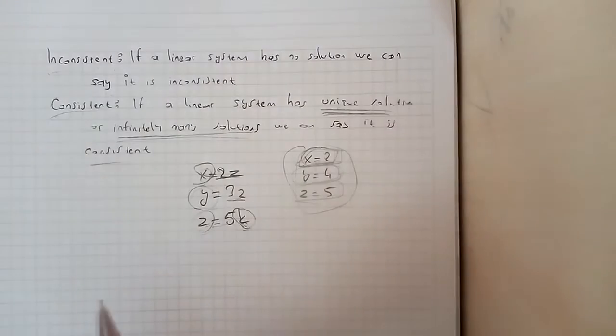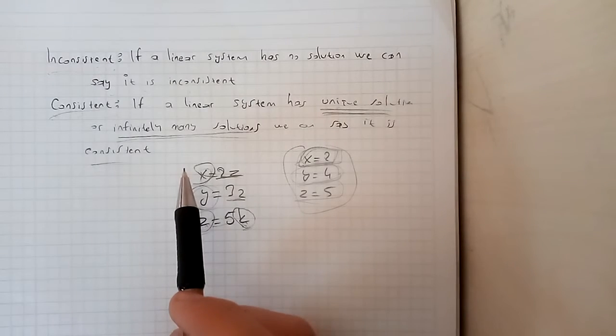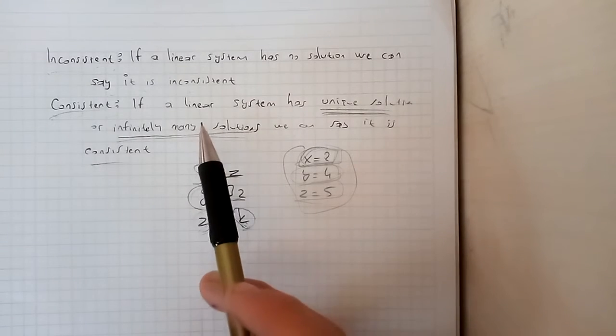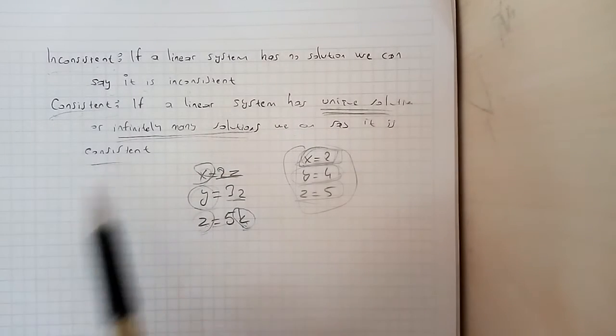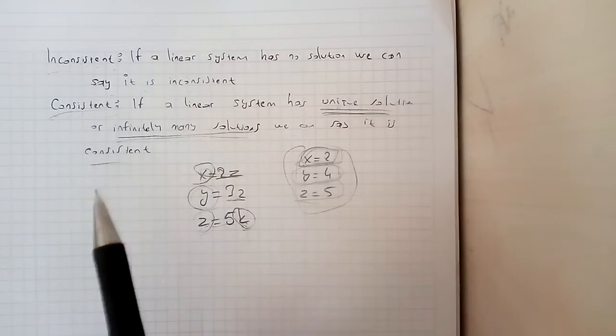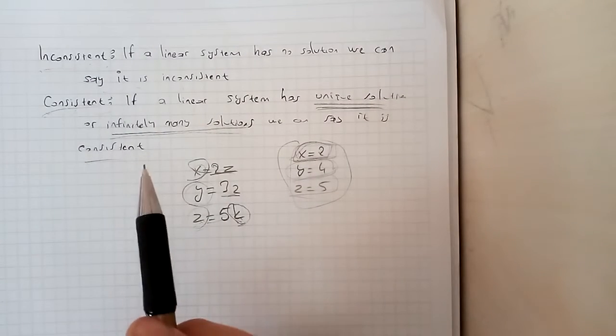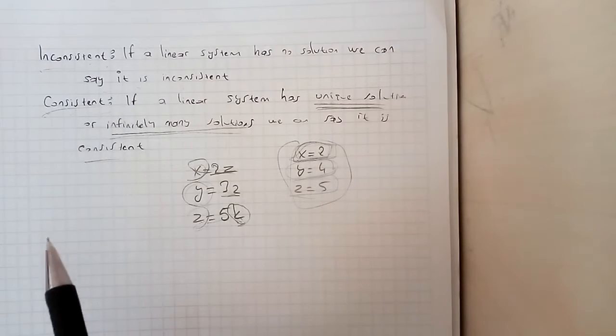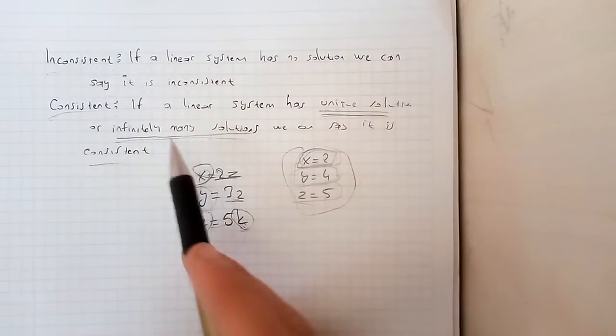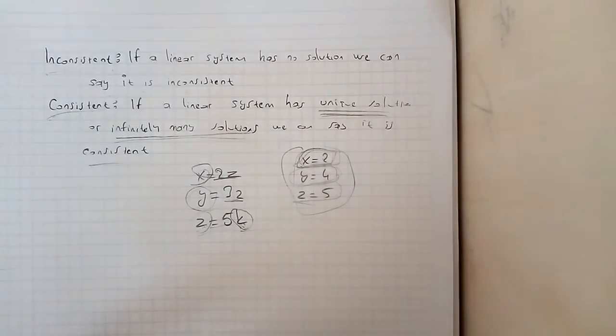And it is possible to understand the type of a linear system without solving it completely. If you find your upper triangular matrix, you can interpret that upper triangular matrix and you can predict your solutions. You can understand whether you will have a unique solution or infinitely many solutions.